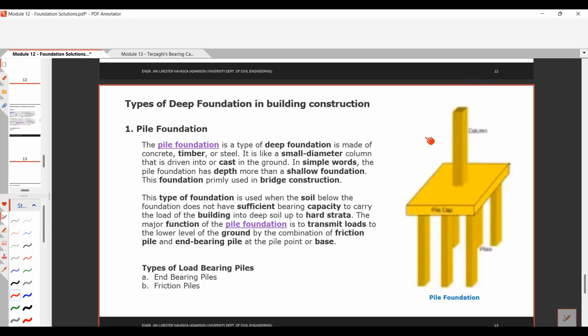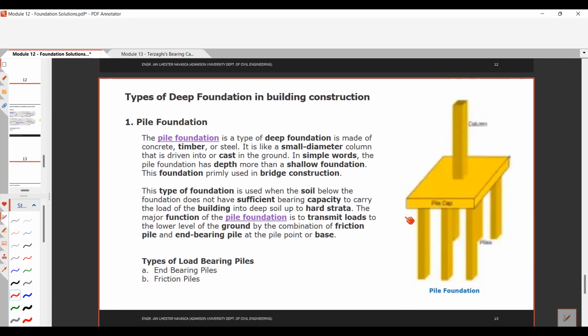So the solution is to find a depth in the soil, maybe going near the hard strata. Okay? So dun ka makakahanap ng sufficient bearing capacity to carry the load of your building.